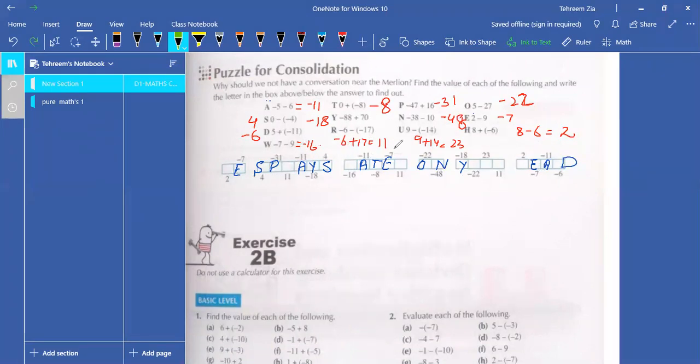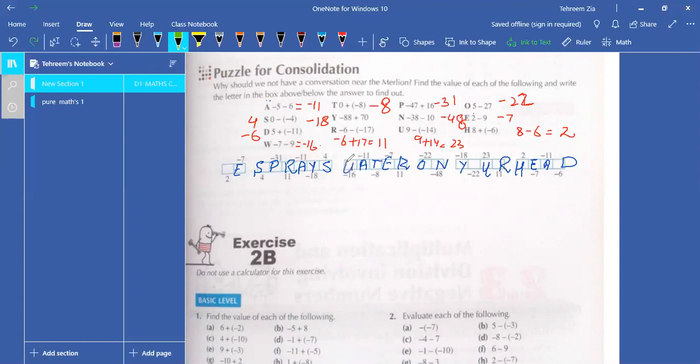R is 11. Who is going to guess? Okay. U is 23. H is 2. He sprays water on your head.